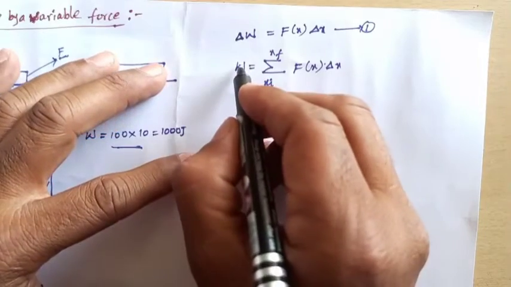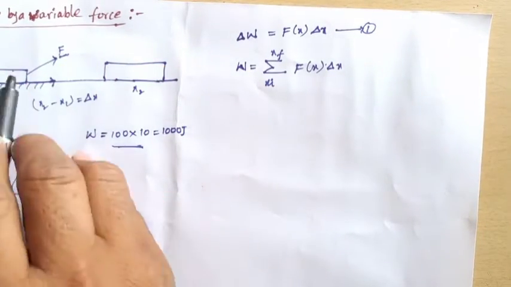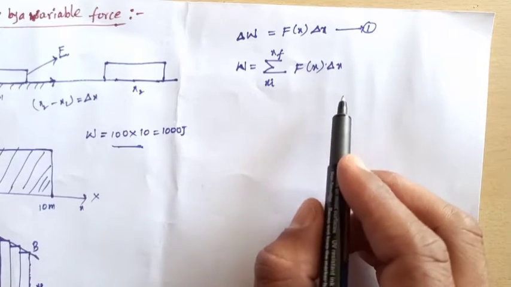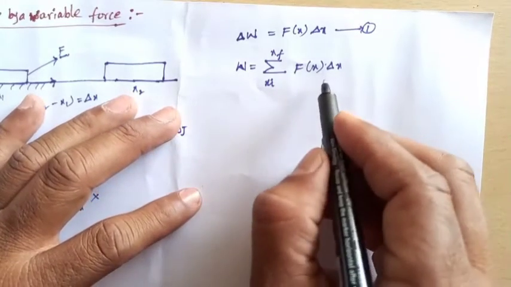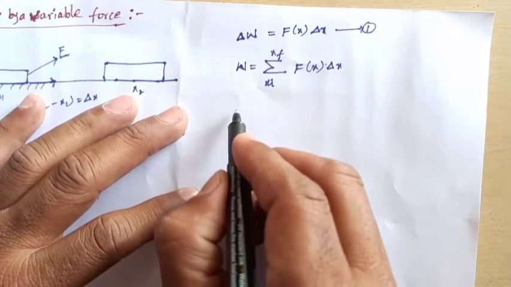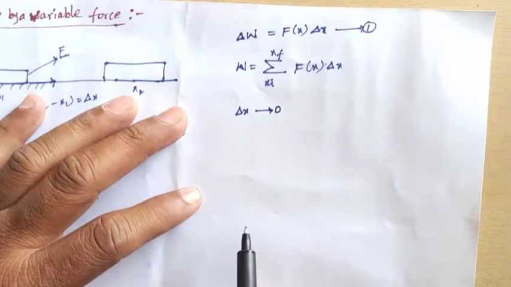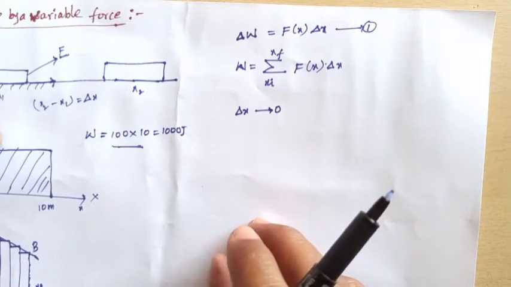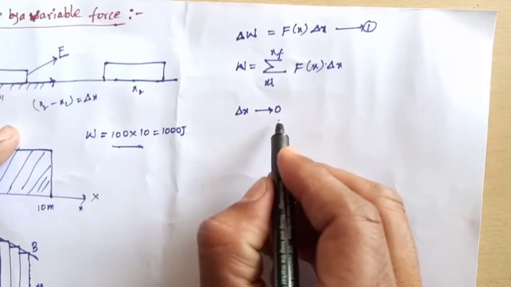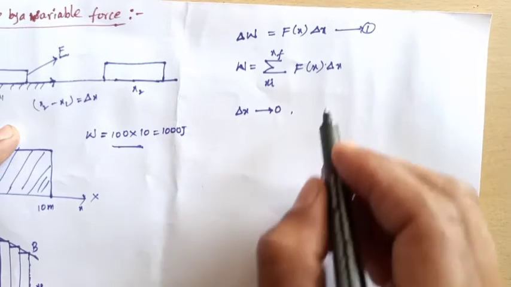So here we calculate the work done by a variable force. We take integration. Integration is nothing but when delta x tends to 0, a small strip tends to 0. So then it is taken as a limit.